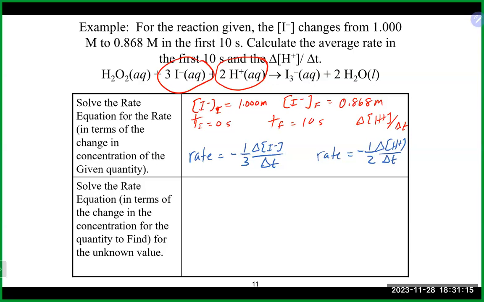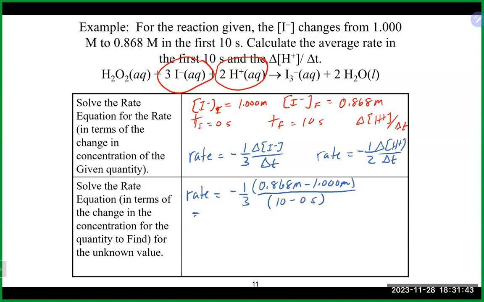Now, in terms of what I have available to me, it's all about I minus. So I could actually just put everything into the I minus one. And that's what I'm going to do first. So the rate here will equal minus 1/3. Once again, we do want to do final minus initial concentration. So our final concentration is 0.868 minus our initial, which is 1, divided by 10 minus 0 seconds.